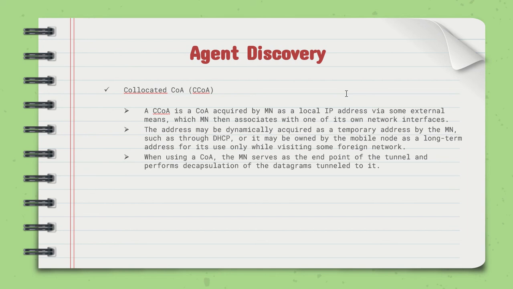The address may be dynamically acquired as a temporary address by the mobile node, such as through DHCP, or it may be owned by the mobile node as a long-term address for its use only while visiting some foreign network. Besides, when using a collocated care-of address, the mobile node serves as the endpoint of the tunnel and performs decapsulation of the datagrams tunneled to it.